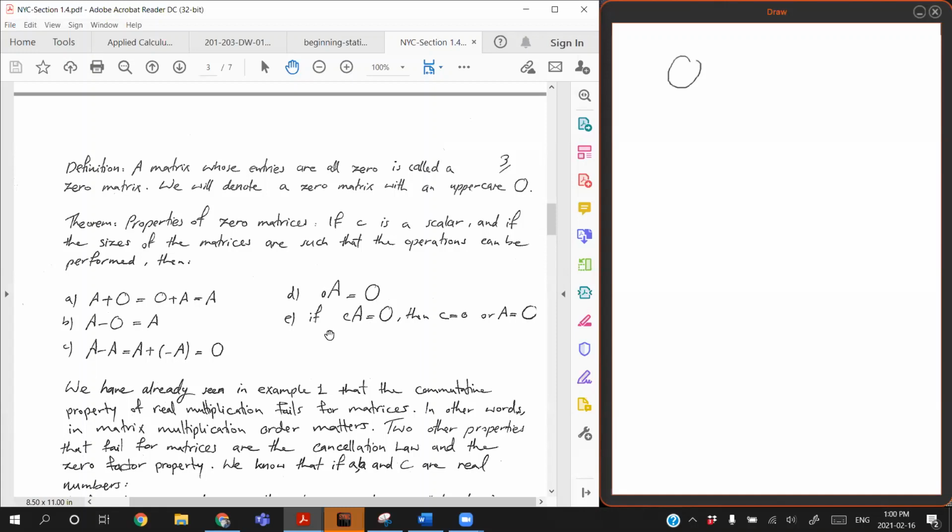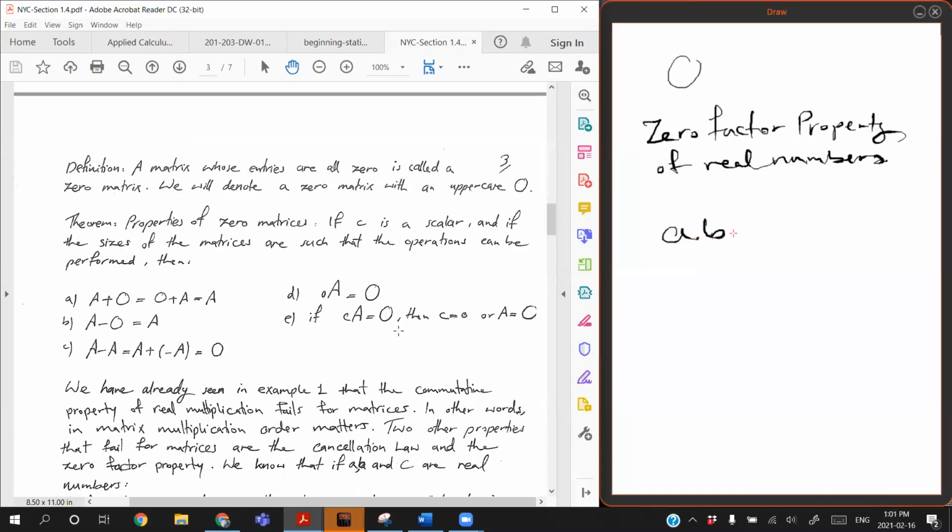And finally, you have something that's very similar to the 0 factor property. So I'm going to remind you the 0 factor property of real numbers. And then hopefully you will see how this part here, E, is similar to that. For real numbers, we have this.